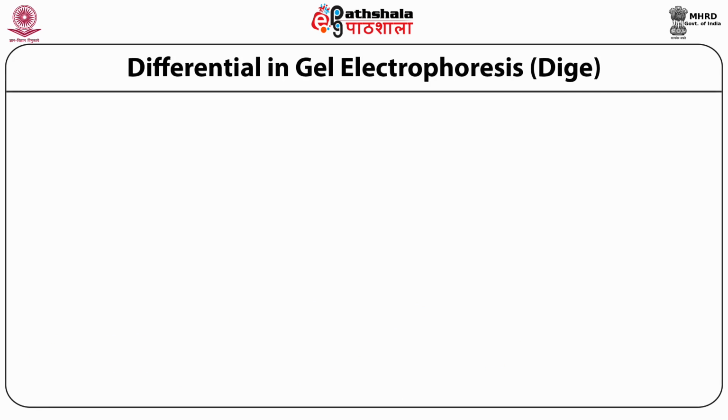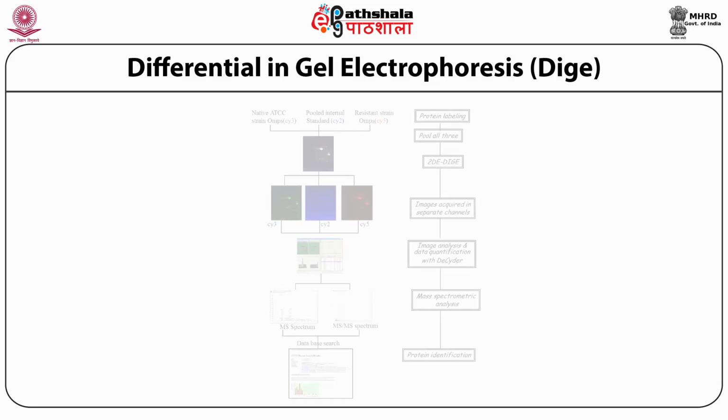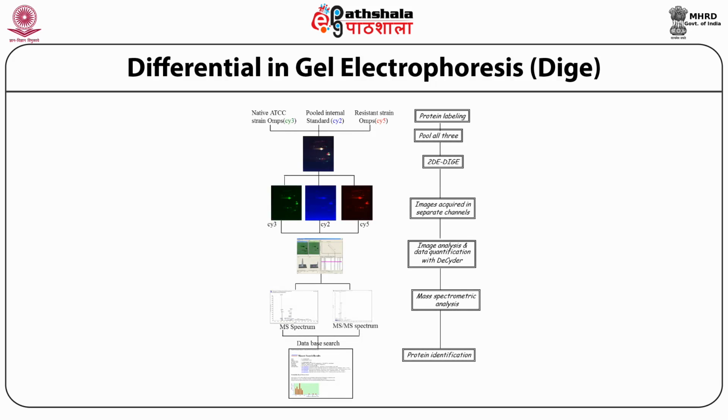This shows the experimental workflow for proteomic analysis using DIGE technology. I'm just showing a comparative DIGE analysis which was previously discussed. For that, we require protein labeling first, then pooling of all three samples, then third is 2D DIGE.